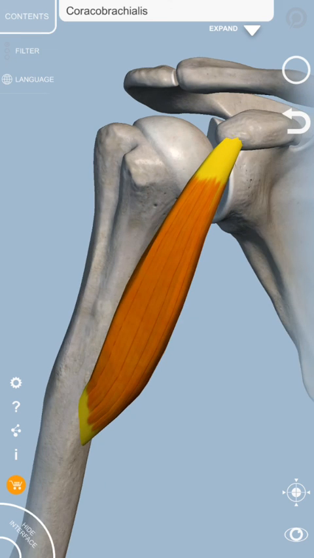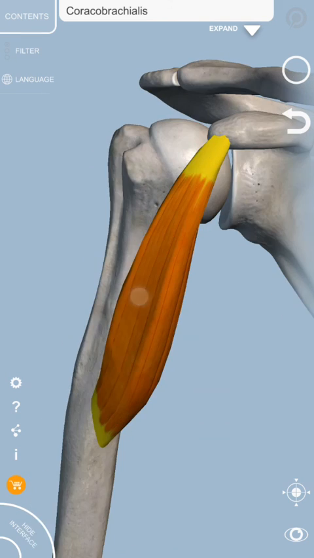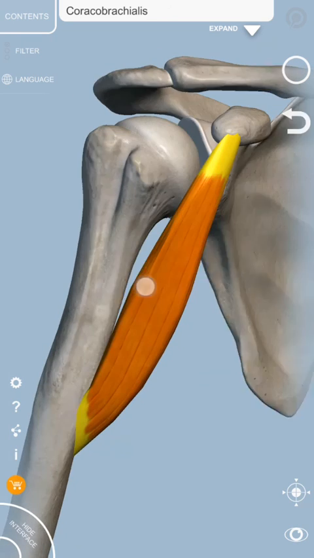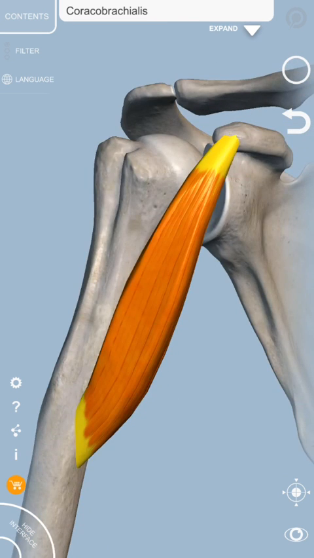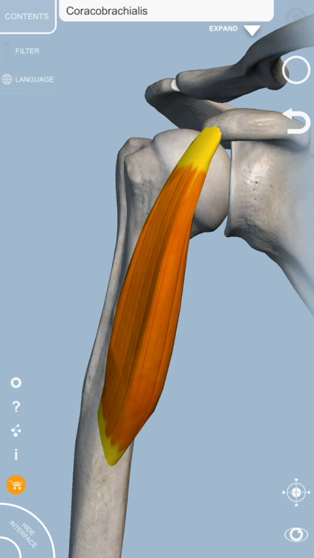The musculocutaneous nerve has a very important relationship with this muscle. Actually, the musculocutaneous nerve pierces the muscle fibers of this muscle and supplies coracobrachialis, brachialis, and biceps muscle. Thank you very much.